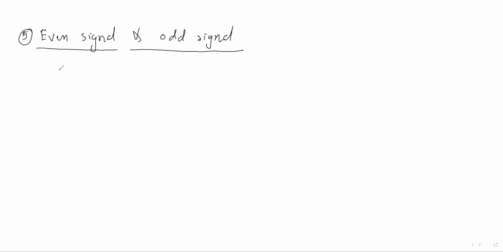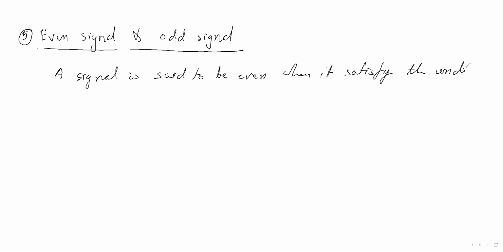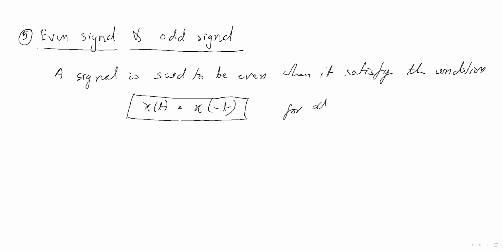So you can define it like this: a signal is said to be even when it satisfies the condition x of t equal to x of minus t, for all time t.